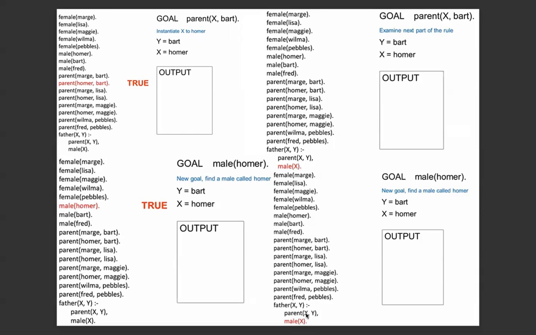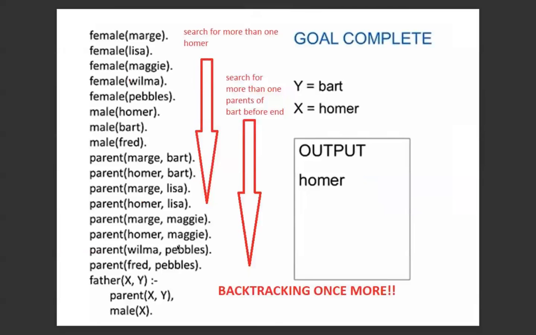That means the fact that X is a parent of Y is true for Homer being a parent of Bart. And the second part is also true in which Homer is also a male. That means X is a father of Y, with X being Homer and Y being Bart, is also true because I have satisfied both facts. That means the rule that Homer is the father of Bart must be true. And that's why my rule here is satisfied.